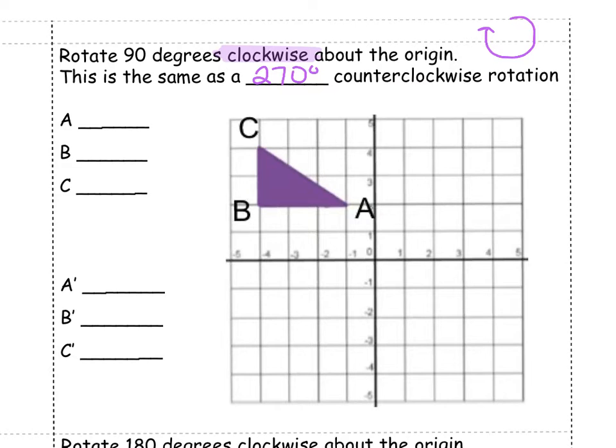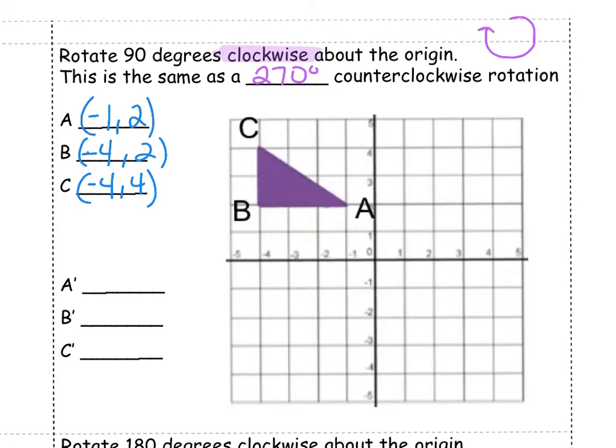In order to see this, it's easiest to start with naming our original points. Point A is at -1, 2. B is at -4, 2. And C is at -4, 4.